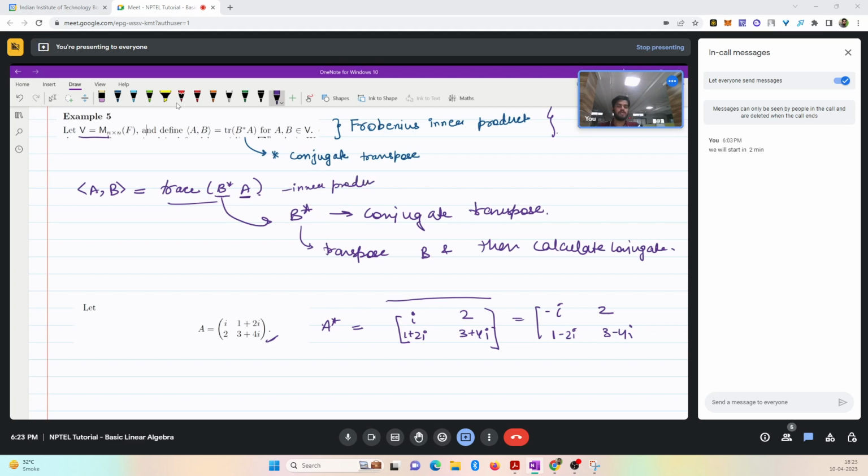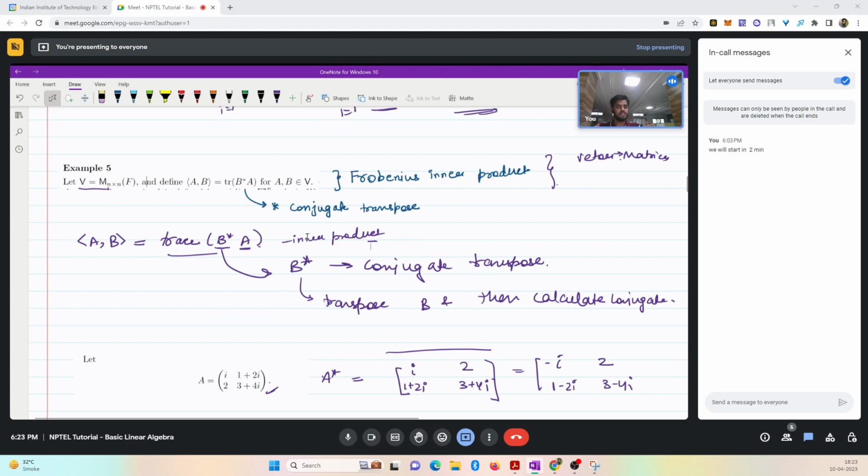Just to mention, this is indeed an inner product. We'll prove this in a while, but this inner product is called the Frobenius inner product for matrices. Okay, and later you will see that if we derive some norm out of it, that norm is called the Frobenius norm.